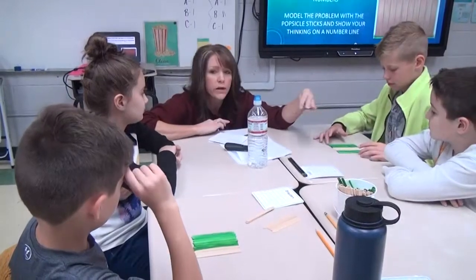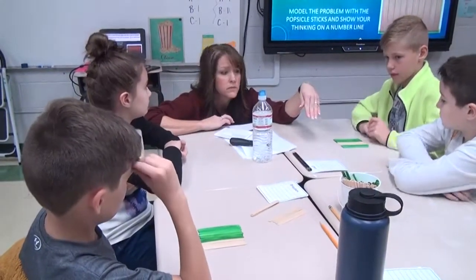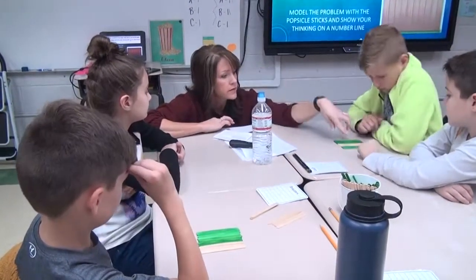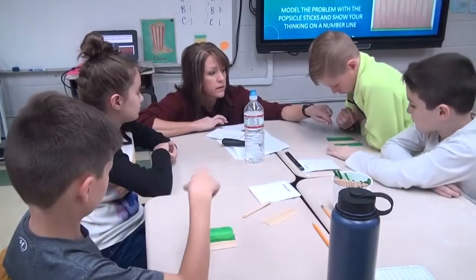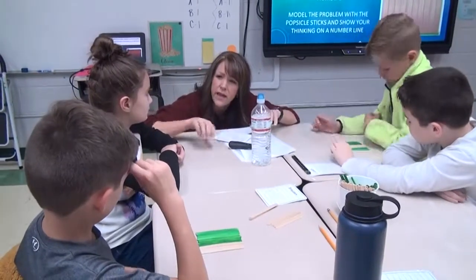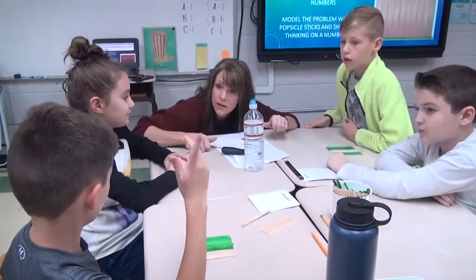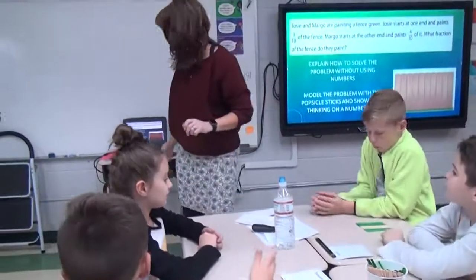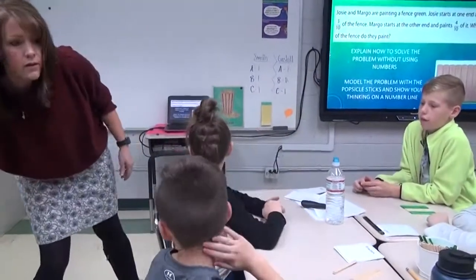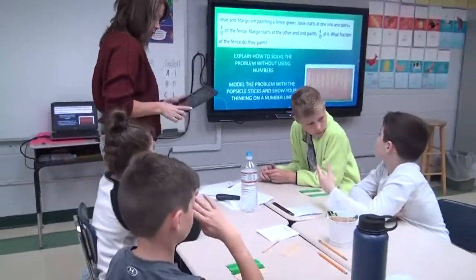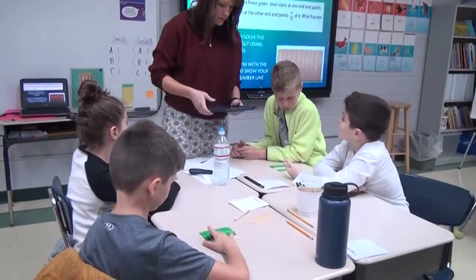So looking at their model, where is Josie's? The 3, the first one. Okay, so the 3. And then they still have the 1. Why do you think they did that? Because they had to add those 2 fractions to get their answer. So they still have how much they have painted. We have to add together. That's part of adding together the numerals.